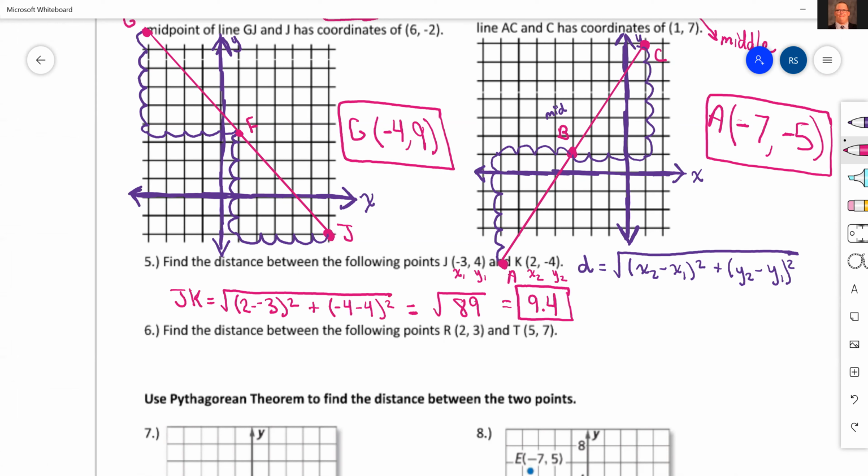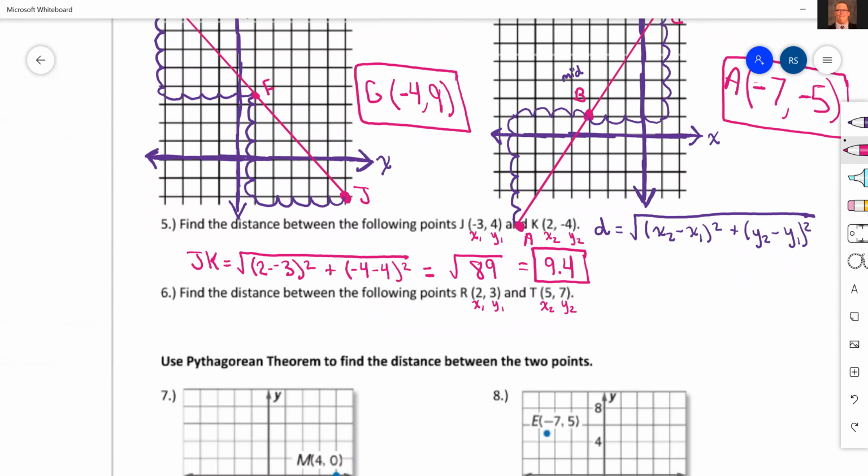Okay, number 6. Label our points. x1, y1, x2, y2. Then we do RT. So that's going to be x2 is 5 minus 2 squared plus y2 is 7 minus y1, which is 3 squared.